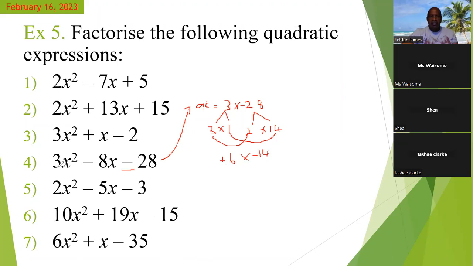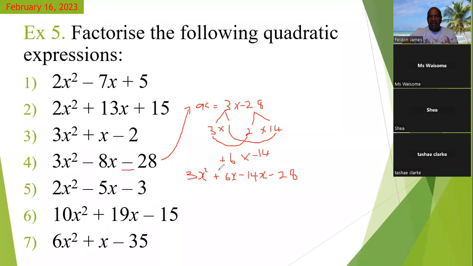So now you can replace the middle term, -8x, with positive 6x and negative 14x. So we just rewrite the 3x squared plus 6x minus 14x minus 28.